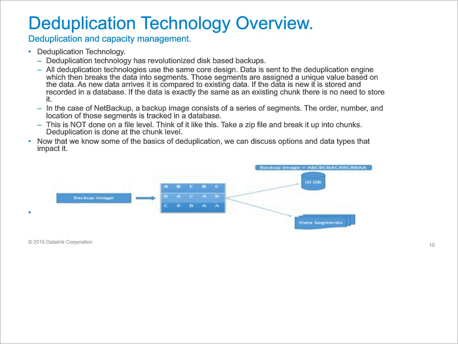So store the file once, have a pointer for all 5 entries. That's similar to how deduplication works, except it's done at a block level, not a file level. It's actually going to break that file into segments and perform its calculations based on them. So now that we've taken a look at deduplication, let's move on to some of the impact considerations for deduplication.